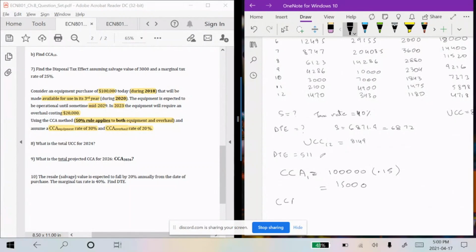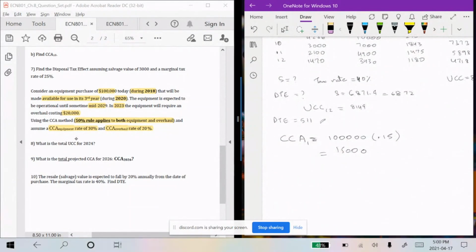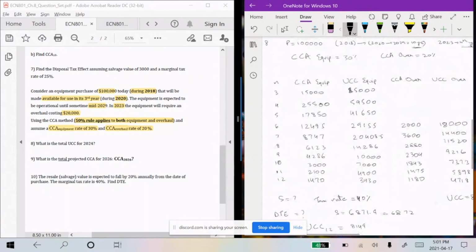Then the CCA 2 is going to be dependent on the previous UCC. So, let's calculate the UCC. UCC 1 is how much of the value is still left. If it's depreciated 15%, 85% of it is still left. So 100,000 into 0.85 gives 85,000. That is the UCC 1 right here.